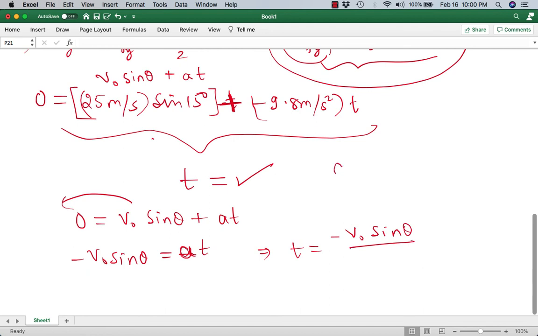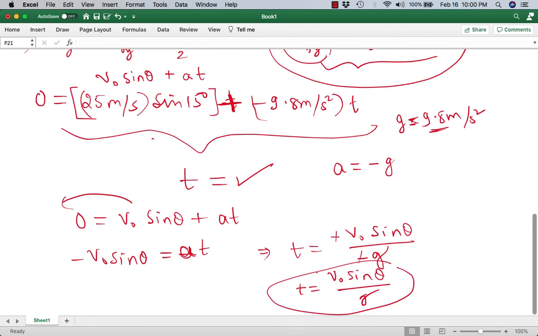Sometimes we can write a as negative g, because this 9.8 is written as g, since it's the acceleration due to gravity. So here we can write a as negative g, and we can cancel minus and minus. So t would be V naught sine theta over g. That's the expression, and that's what the question is asking. So we don't need to actually find a number.